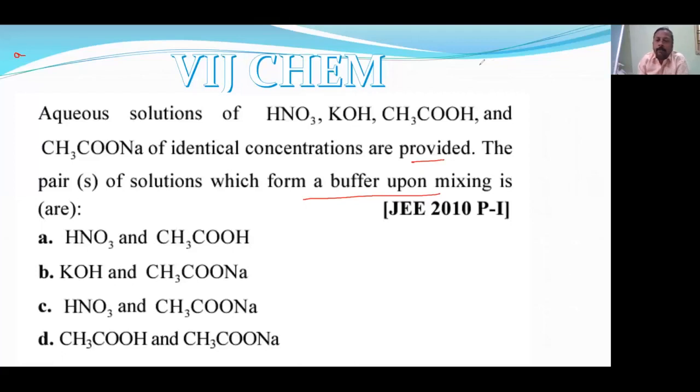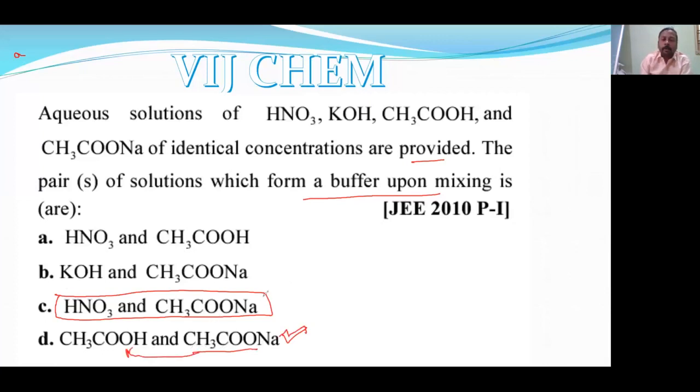For any buffer, salt is a must, and a weak acid or weak base must be present. If this question has only a single correct answer, then this will be the answer. This will be a problem because HNO3 is a strong acid. It will form a buffer but a less effective buffer. So the most appropriate answer is D, because salt is there and weak acid is also there.